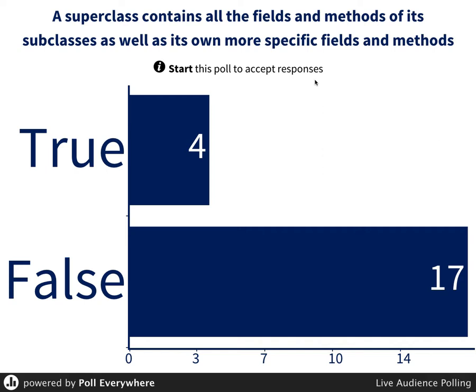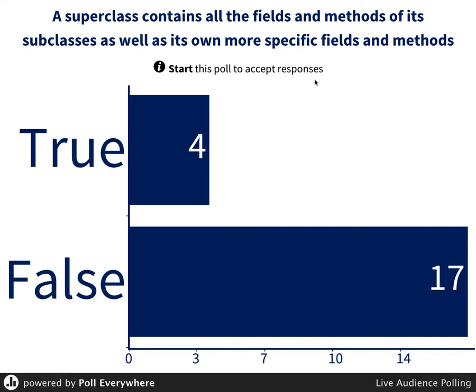Now it also says, as well as its own more specific fields and methods. Well, when we speak of specificity, we're talking about our subclass, not our superclass. So if you think about it, the base class, superclass, parent class, from an object-oriented programming perspective, is where we have a very general amount of properties and methods.